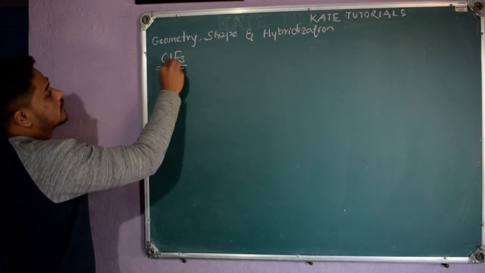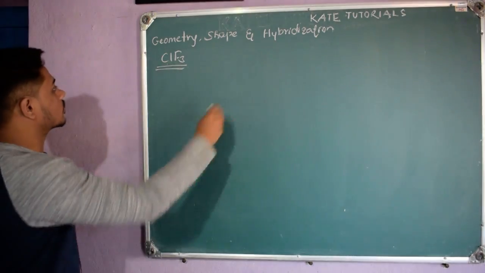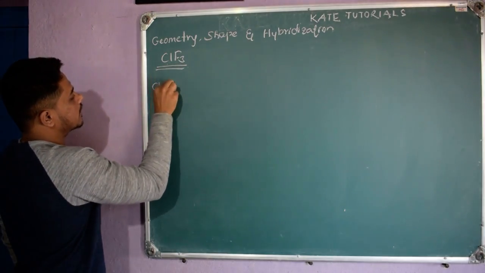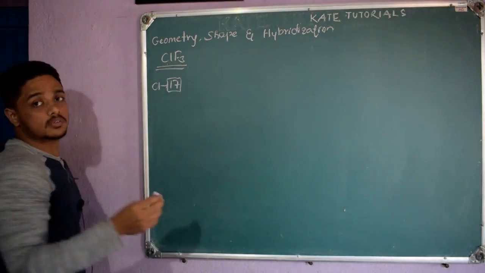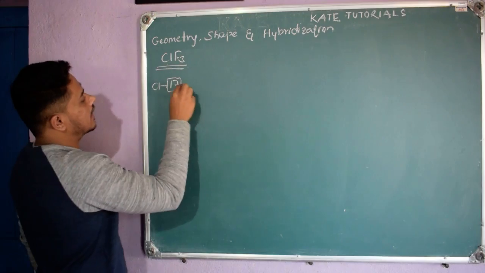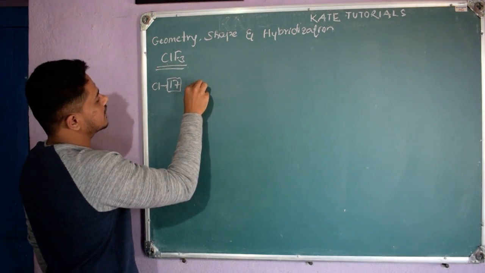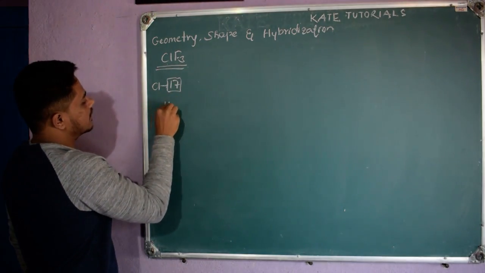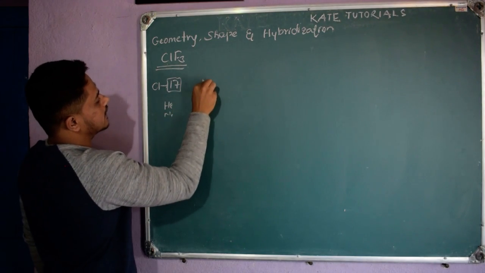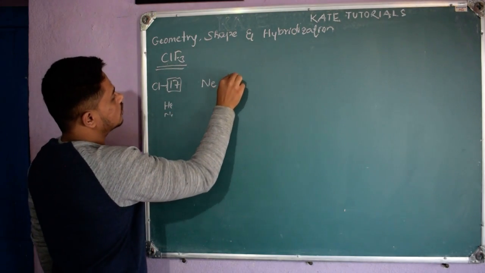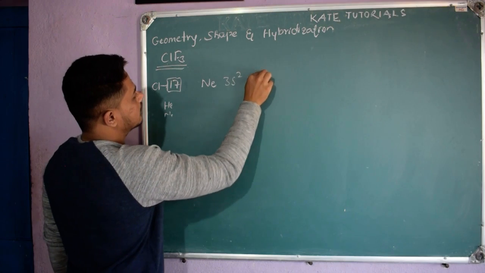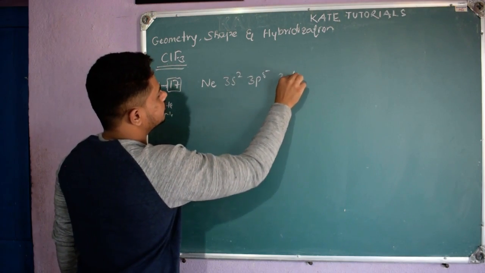Now in the last class we saw the electronic configuration. Chlorine's atomic number was 17. I told how to determine atomic number also, right? Its electronic configuration is like helium, neon: neon 3s2, 3p5 and 3d0.